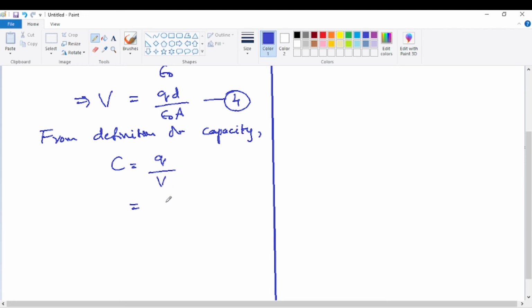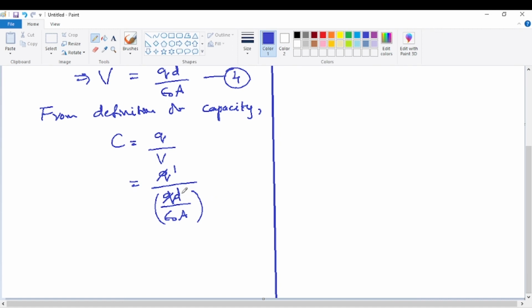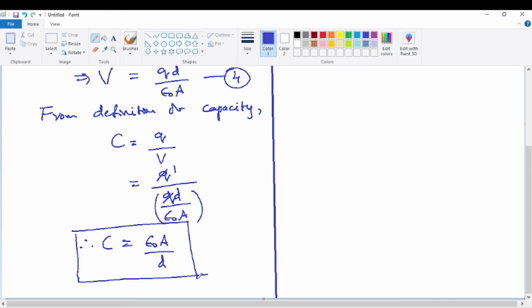Substituting equation 4 here, charge divided by potential difference is QD divided by epsilon naught A. Now the numerator and denominator have Q as a common factor, so Q gets cancelled, leaving 1 divided by D by epsilon naught A. This can be written simply as epsilon naught A divided by D. This is the required final equation for the capacity of a capacitor.